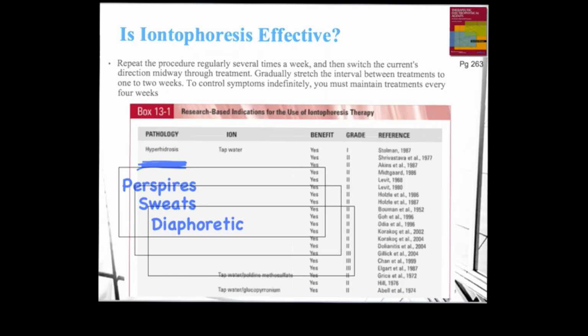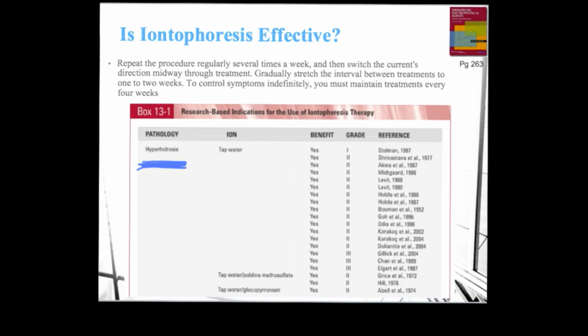Now, this could even be at room temperature. It doesn't have to be in hot, humid weather outside. What does the research say? Well, this is one of the rare times when pretty much every study done says it is beneficial throughout a large time period.